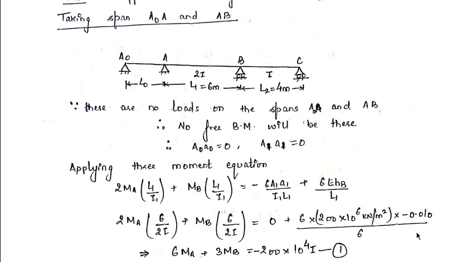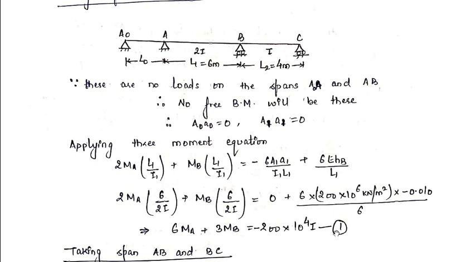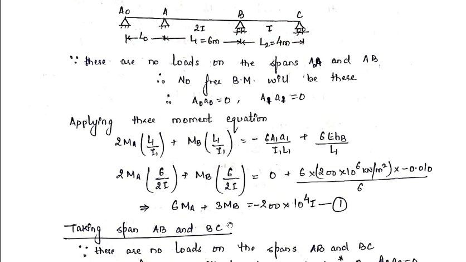The settlement was 10 mm, and in this equation we are putting all the values in meters, so we first convert 10 mm into meters. So this will be minus 0.010, and after putting all the values, we get the equation 6 MA plus 3 MB equal to minus 200 into 10 to the power 4 into capital I. We have taken this I from the left side to the right side.